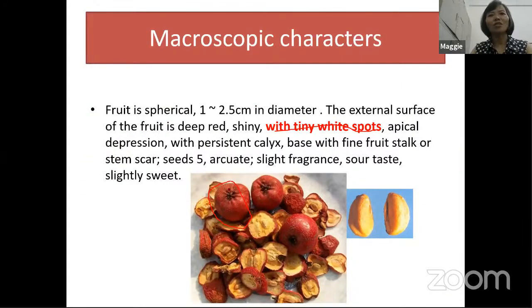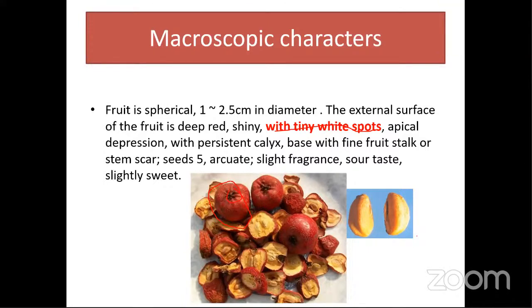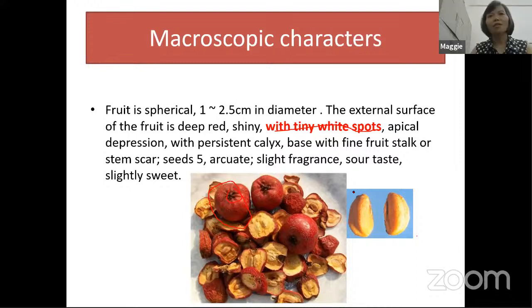Here is the apical depression with persistent calyx, and the base with fine fruit stalk or stem scar. Every fruit has 5 seeds. The seeds are arched. It has a slight fragrance, and a sour, slightly sweet taste.